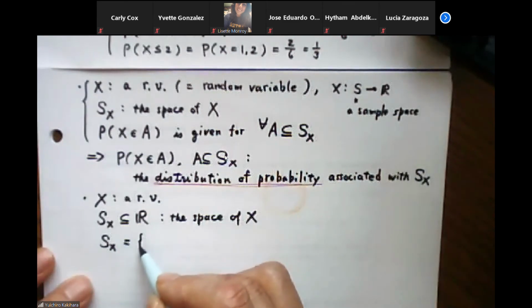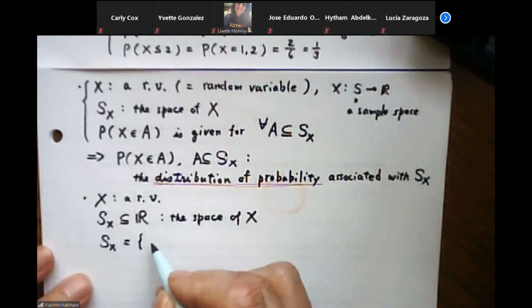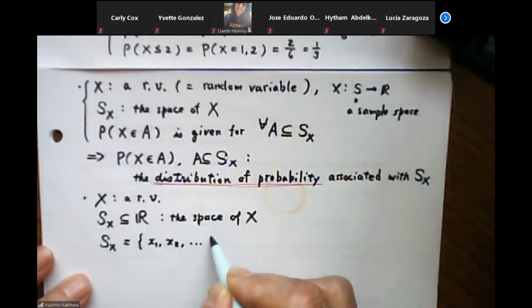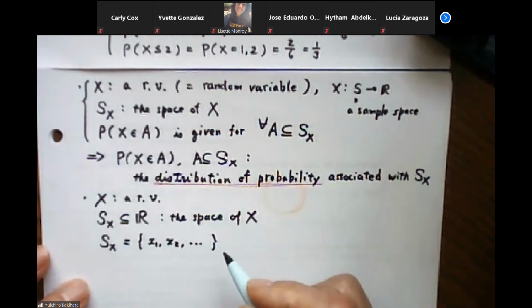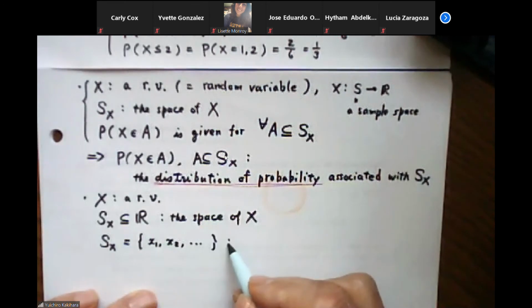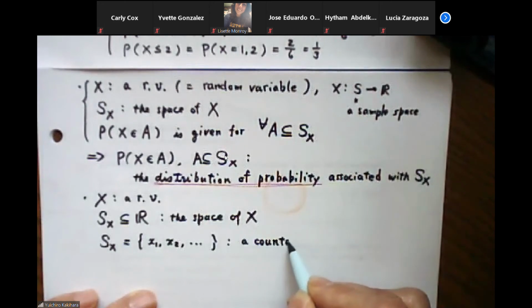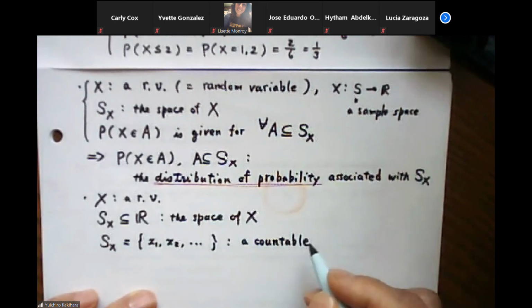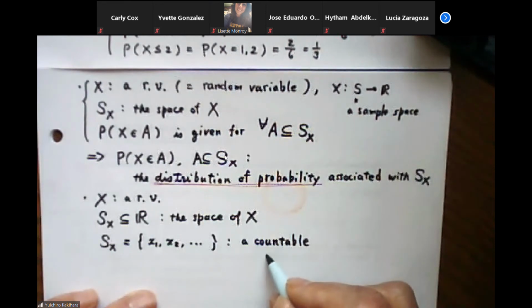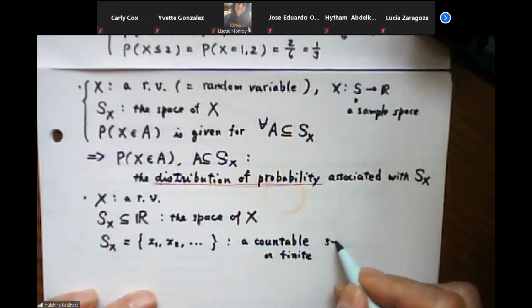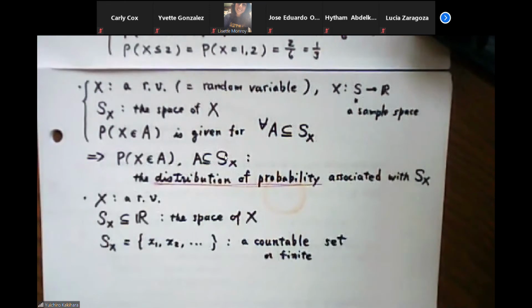So that means we have S sub X as x1, x2, ... It could be infinity. So a countable set, or finite. Finite set, yeah, you see the meaning.